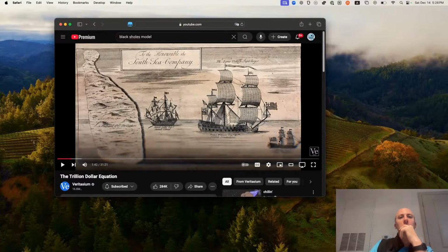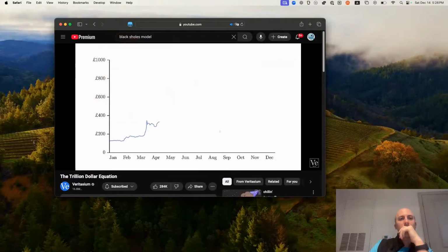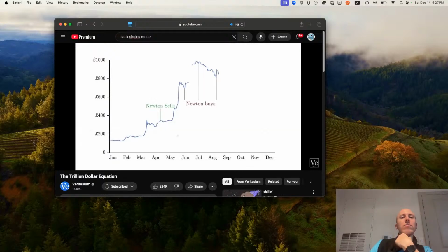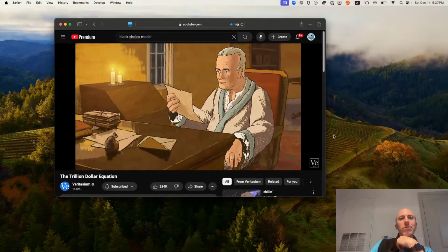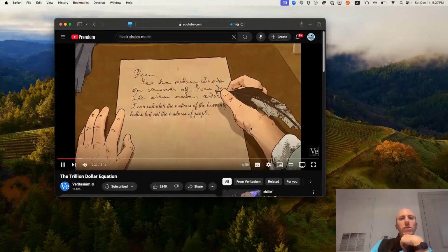Business was booming, and the share price grew rapidly. By April of 1720, the value of Newton's shares had doubled, so he sold his stock. But the stock price kept going up, and by June, Newton bought back in, and he kept buying shares even as the price peaked. When the price started to fall, Newton didn't sell. He bought more shares, thinking he was buying the dip. But there was no rebound, and ultimately he lost around a third of his wealth. When asked why he didn't see it coming, Newton responded, "I can calculate the motions of the heavenly bodies, but not the madness of people."